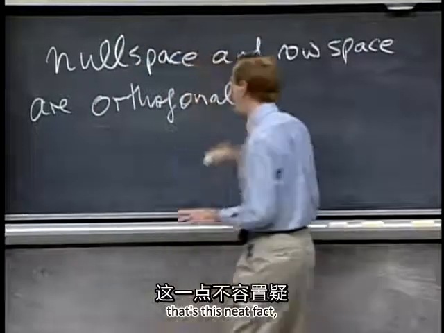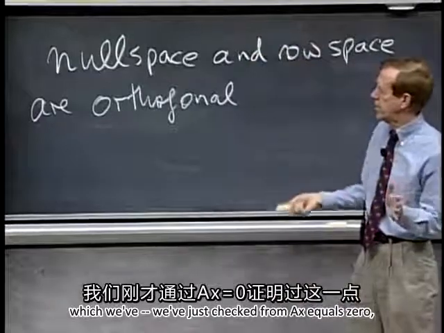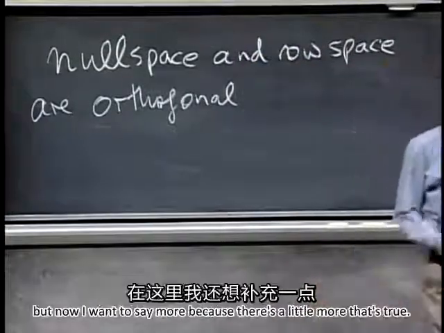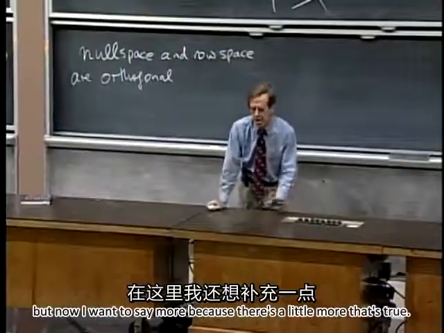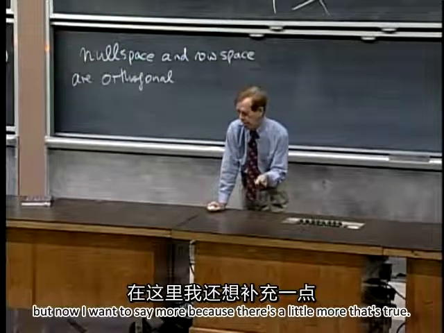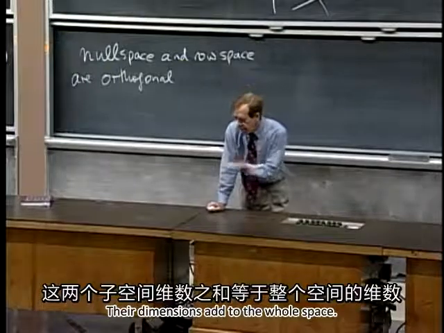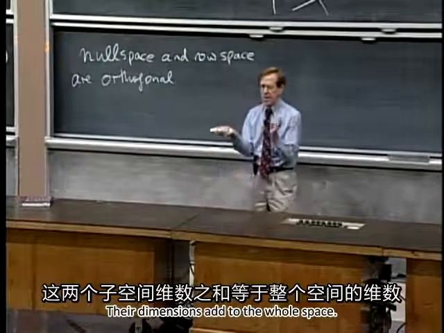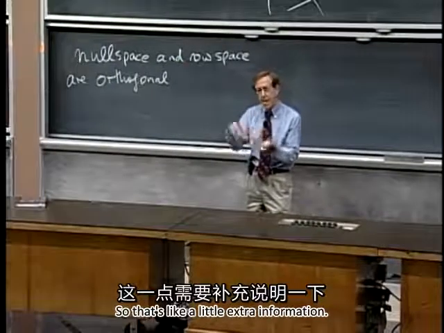That's this neat fact, which we just checked from AX equals 0. But now I want to say more, because there's a little more that's true. Their dimensions add to the whole space. So that's like a little extra information.